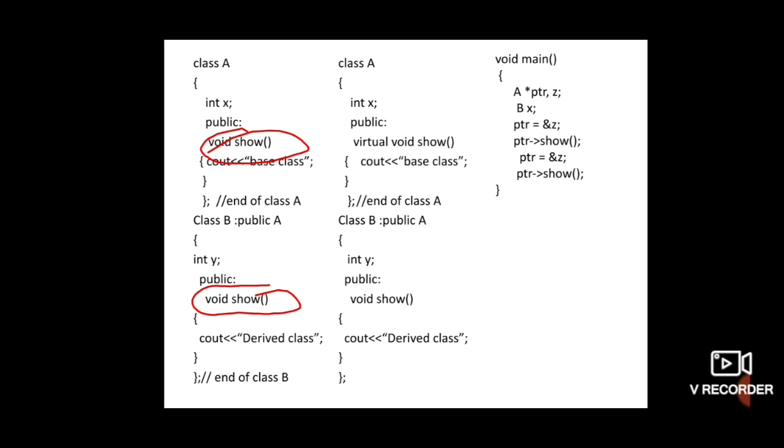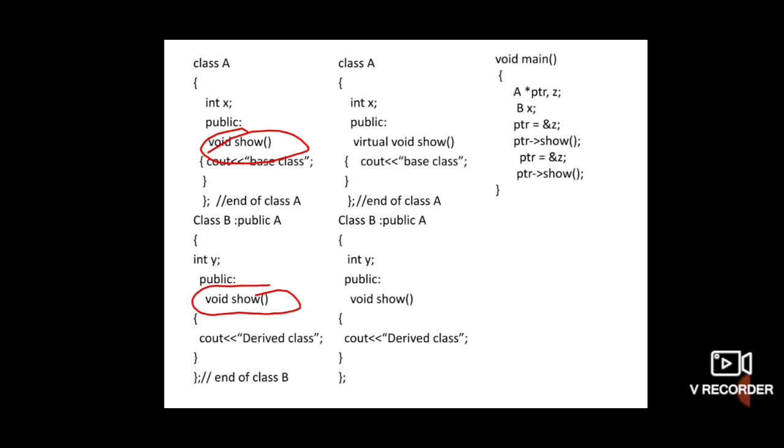When a virtual function is used, how many derived classes can be created? You can create an object of each class: base class, then derived 1, derived 10, depending upon the program. In this program only one derived class is created. So in the base class create one object, and in the derived class create one object. The base class object name is Z, the derived class object name is X.